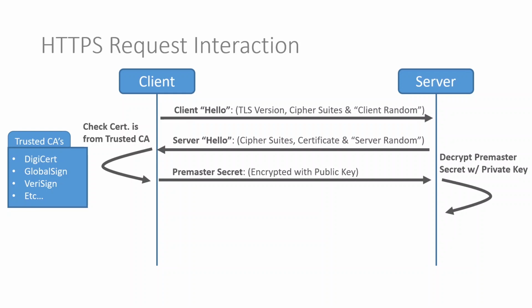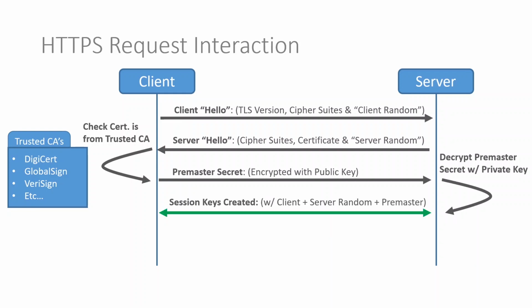So the server will get this encrypted bit of data, it will decrypt it using the private key, and then at that point the two endpoints, the client and the server, using the client random, the server random, and this pre-master secret in conjunction, they've exchanged a number of bits of data now. They will then create something called session keys, which allows then for this secure flow of traffic. They've effectively established a trusted, secure connection. And then the data just flows between the two.